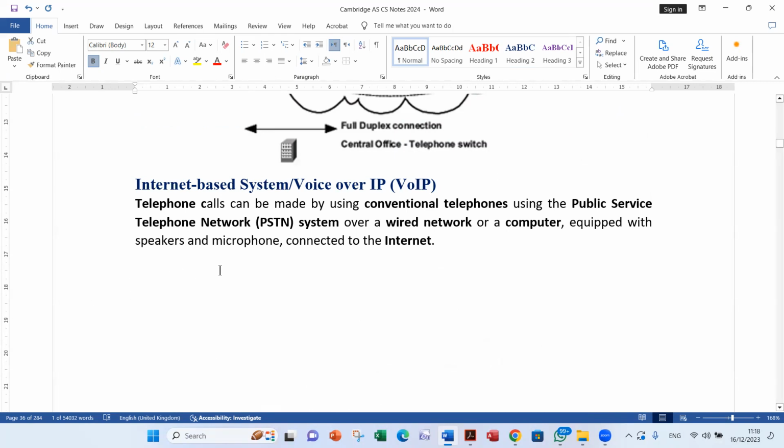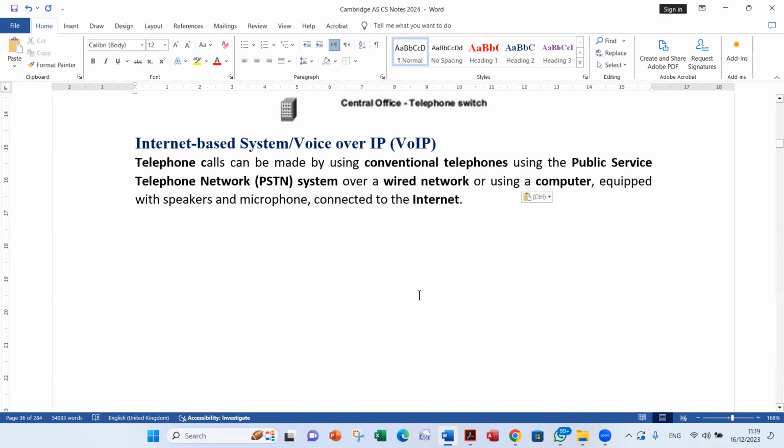Okay? Telephone calls can be made using conventional phones, using the PSTN system, over a wired network, or using a computer. So telephone calls can now be done using a computer equipped with speakers and a microphone connected to the internet.